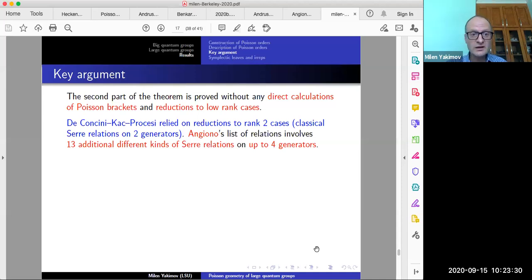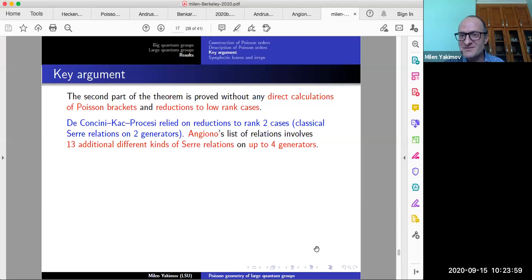And the Serre relations for the usual groups have just two generators, and these are the usual Serre relations. So they have several pages of arguments with the usual Serre relations. However, when you look at the list of relations that Ivan Angiono produced for all these algebras, there are 13 different kinds of Serre relations. So if you have time, at the end, I will show all the different kinds of Serre relations.